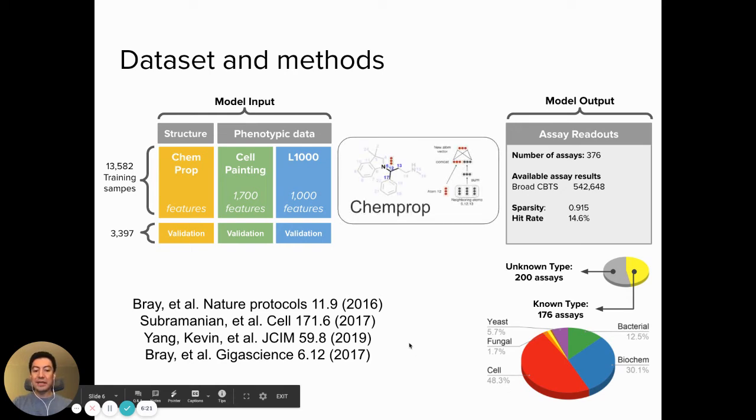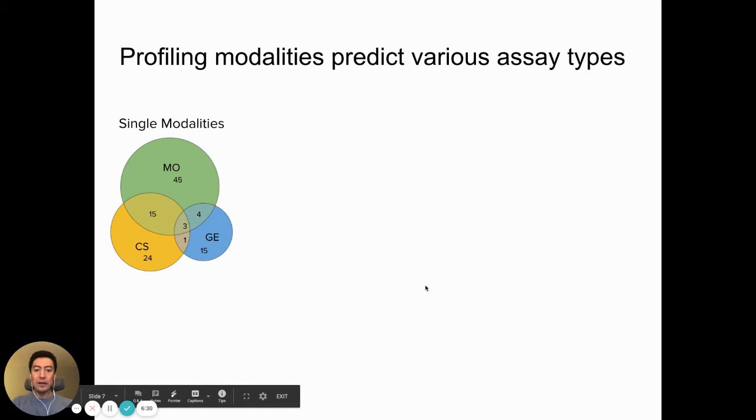Finally, we use the ChemProp software to train the deep learning models used to make predictions in all of our experiments. And here are the results. When we test single modalities for predicting the 376 assays, we found that they show diversity of prediction strengths.